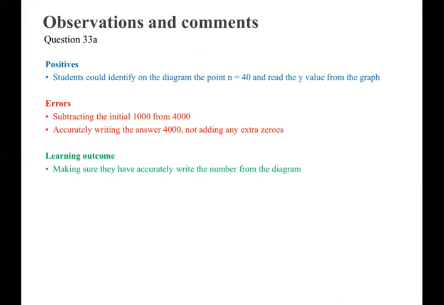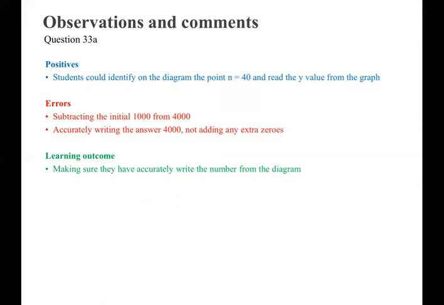If there was an error, probably the only errors we could see was sometimes kids would subtract the initial 1,000. I think they just thought they needed to do something extra, really. Sometimes we just noticed they didn't have 4,000, so whether they were timesing by, adding 1,000 or timesing by 1,000 or a power of 10, we don't know what was happening, but there were extra zeros added to it or not enough zeros.